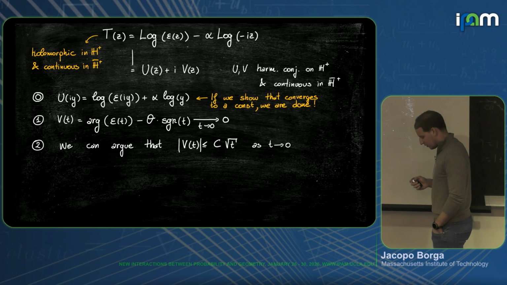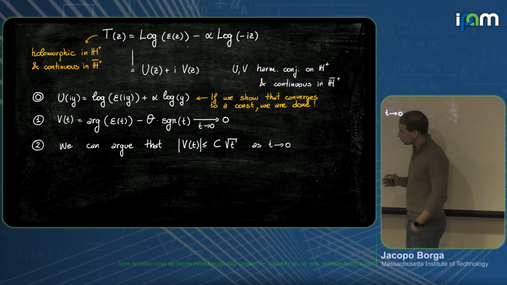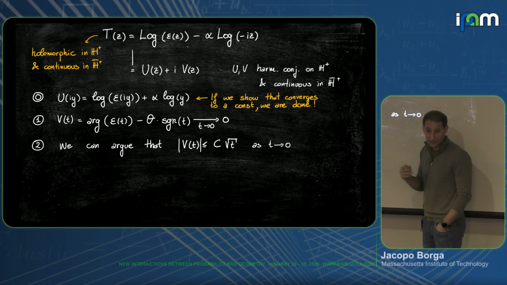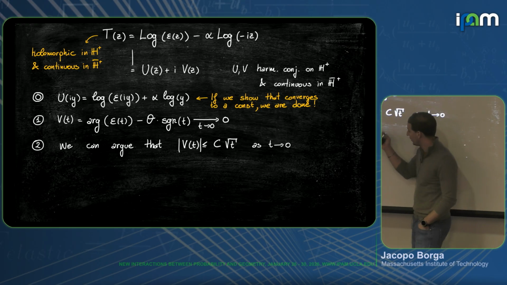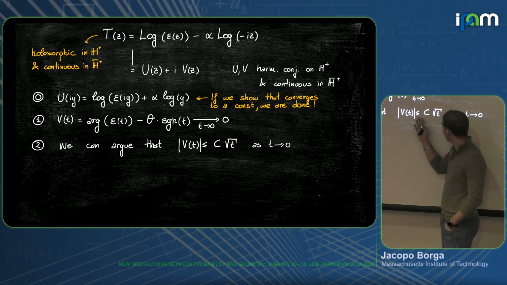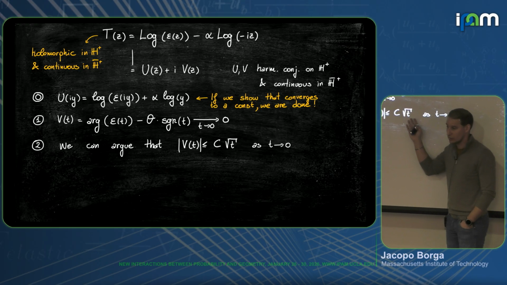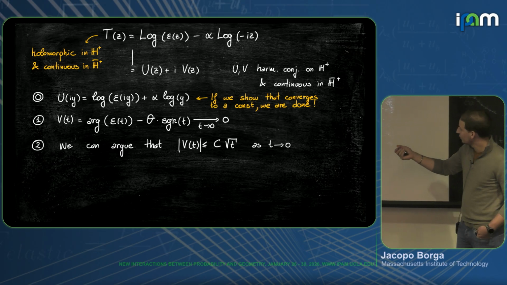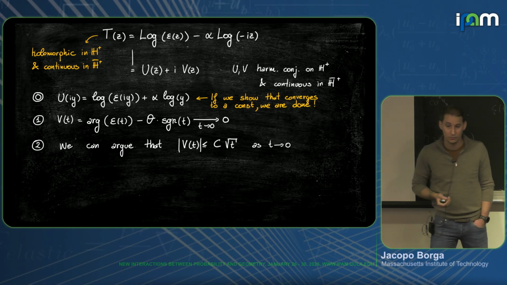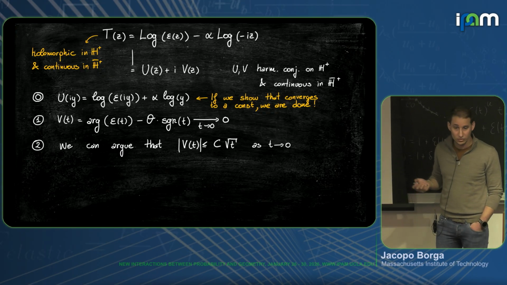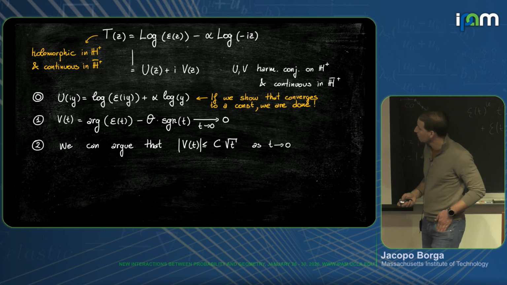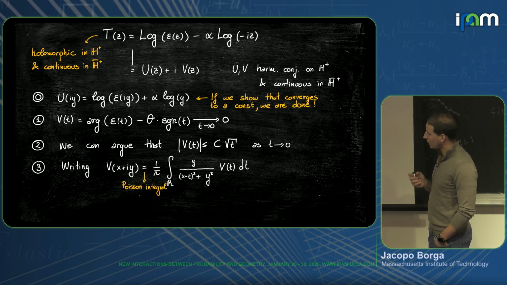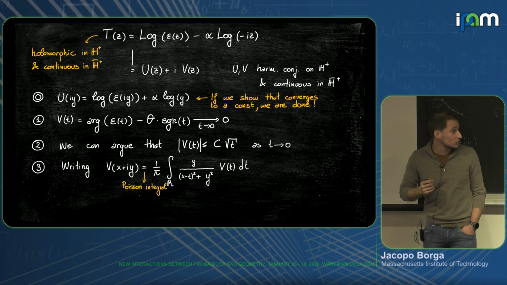This is something that I cannot explain, but using a geometric argument about these directed distances, we can argue a priori that v(t) can grow at most as square root of t. You have a singularity maybe at 0, but at most of this type. But still, the function is continuous. OK, now we're in business, almost.